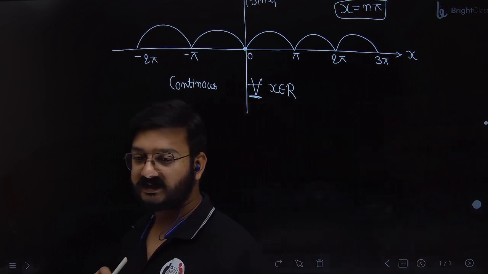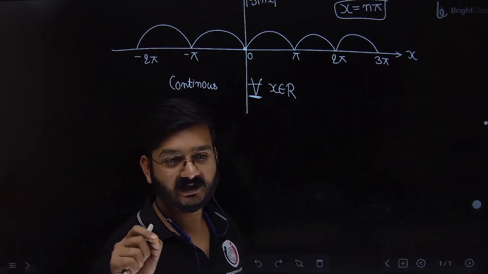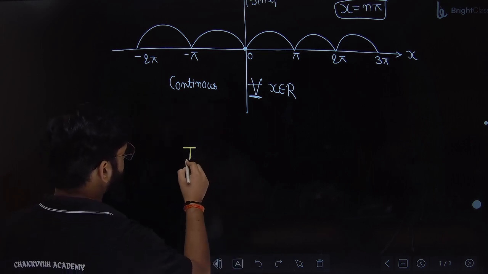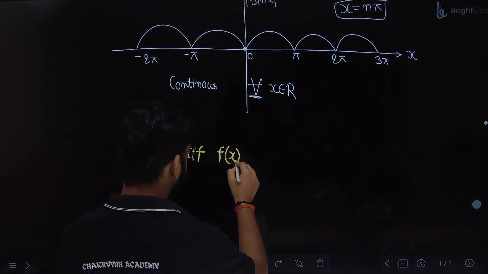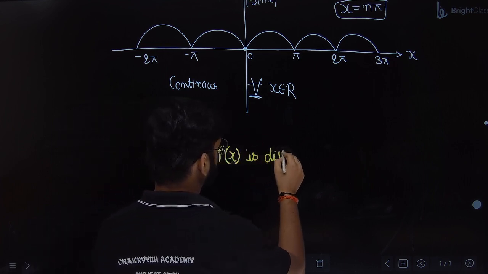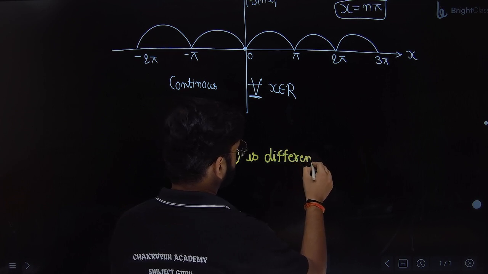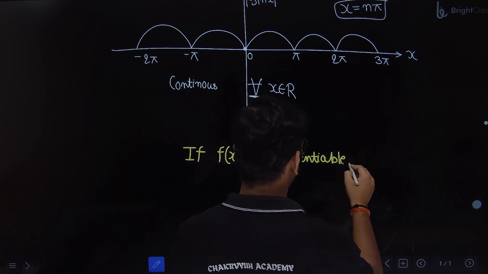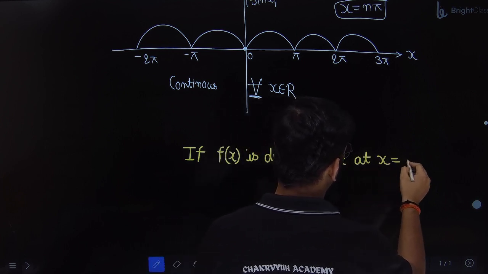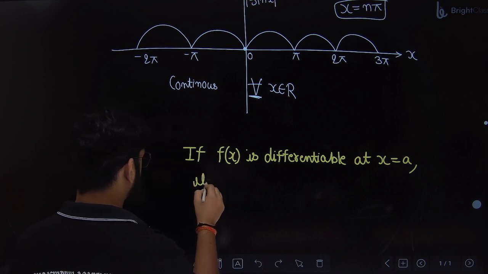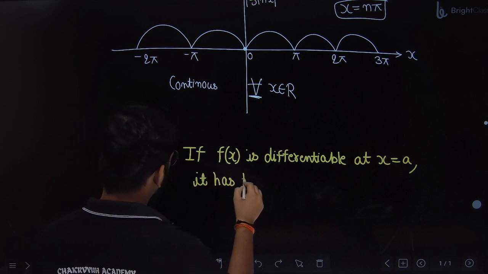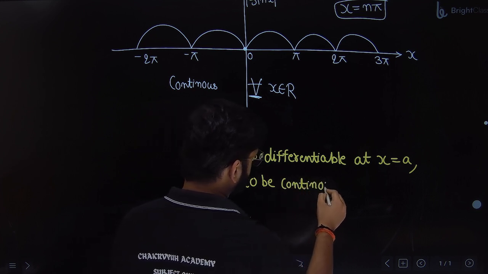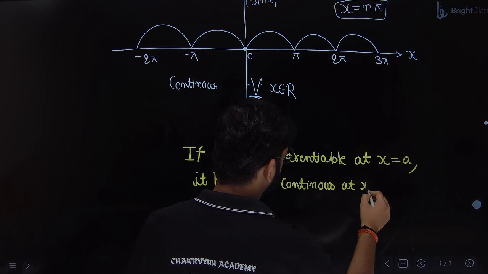If f of x is differentiable at x equal to a, it has to be continuous at x equal to a.